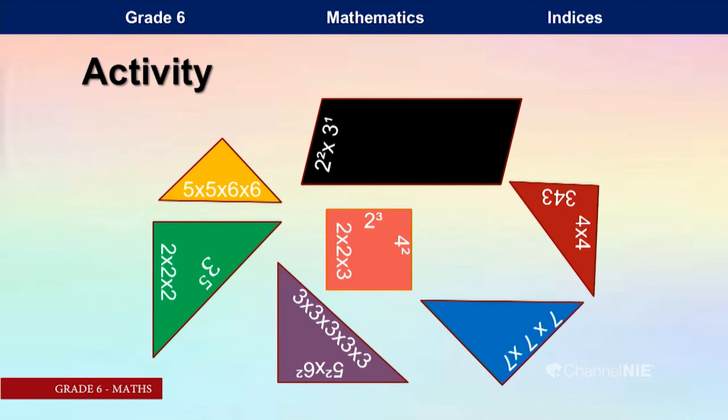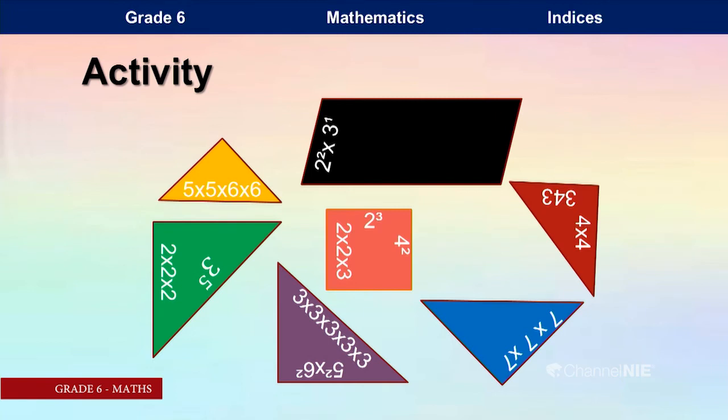Then automatically you can see a product of threes. Then you can connect that yellow triangle with that purple colored triangle. Those two sides you can connect because the values of those two sides are the same. Then you can see that product of threes.